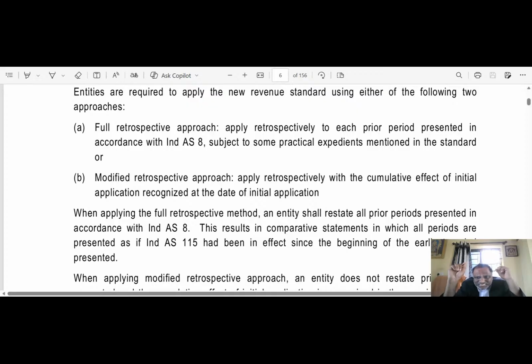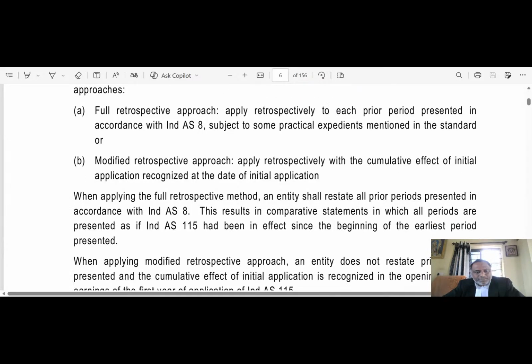This results in a comparative statement in which all periods are presented as if IND AS 115 had been in effect since the beginning of the earliest period presented.